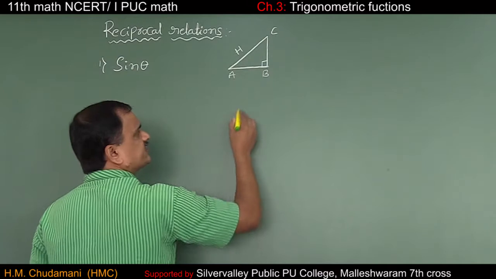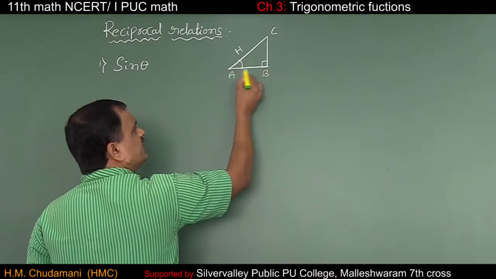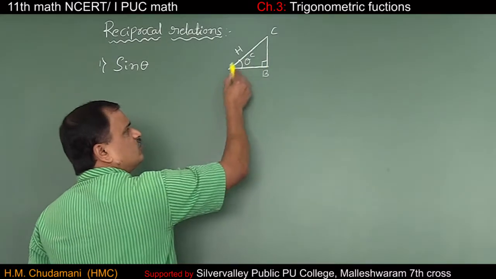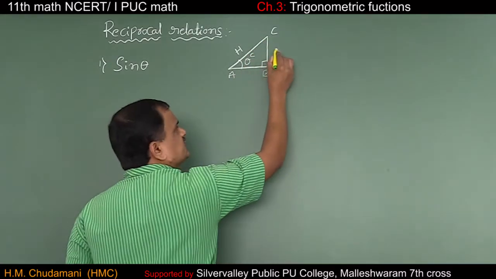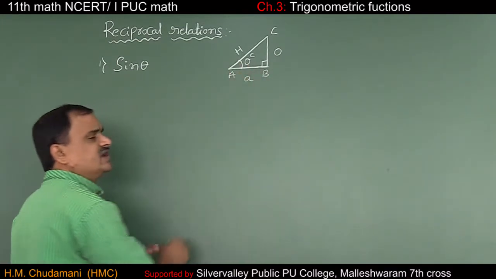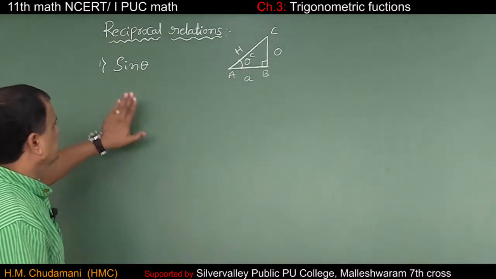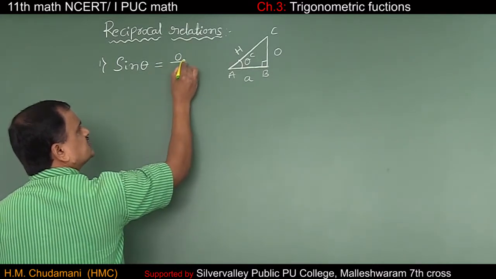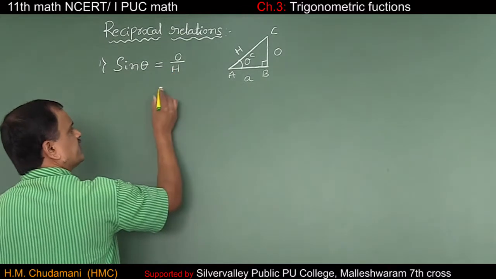AC is the hypotenuse side. Angle BAC is theta radian. The side opposite to theta is BC, which is called the opposite side, and the remaining side is the adjacent side. So as per the definition, sin theta is nothing but opposite side divided by hypotenuse side.